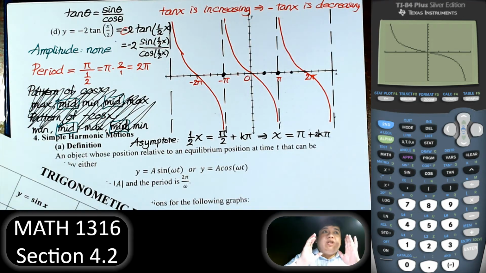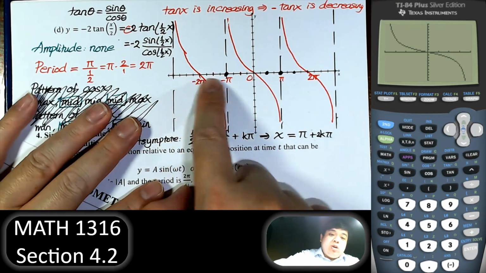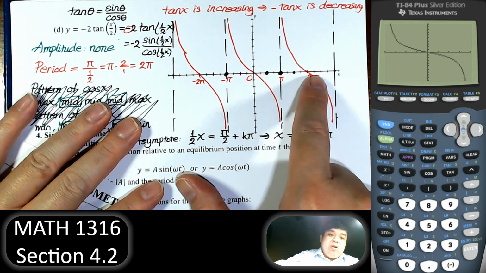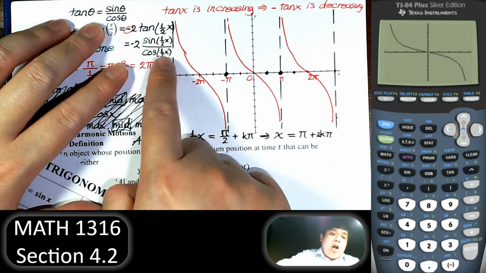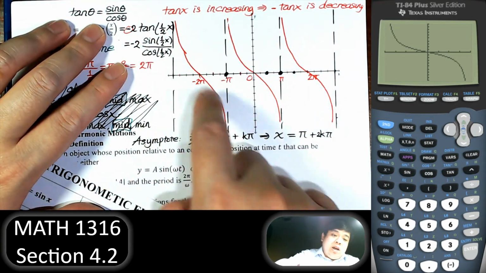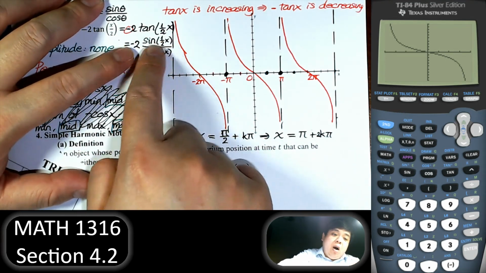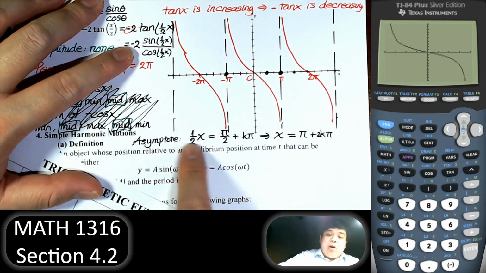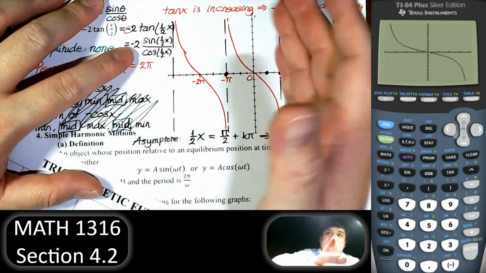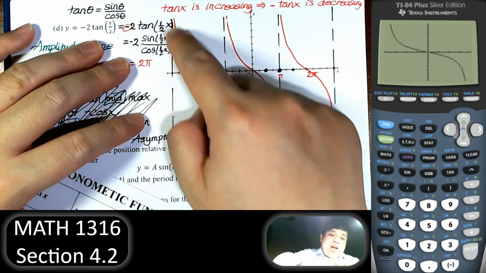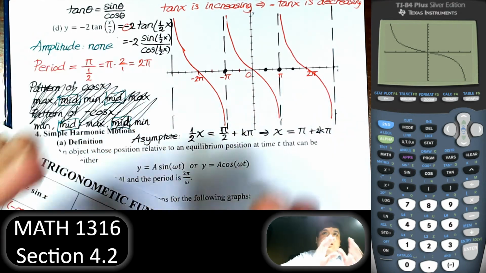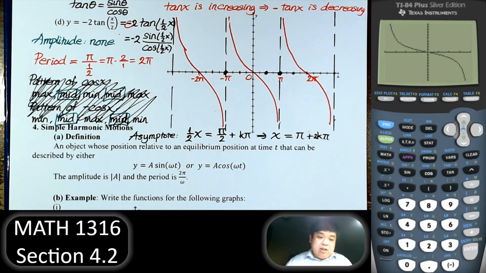All we need to do for tangent and cotangent is figure out where the bottom equals 0, where the asymptote is, where the function is undefined. We find those zeros, those are the asymptotes. Then we just check whether it is increasing or decreasing, and fit the graph of tangent into that.